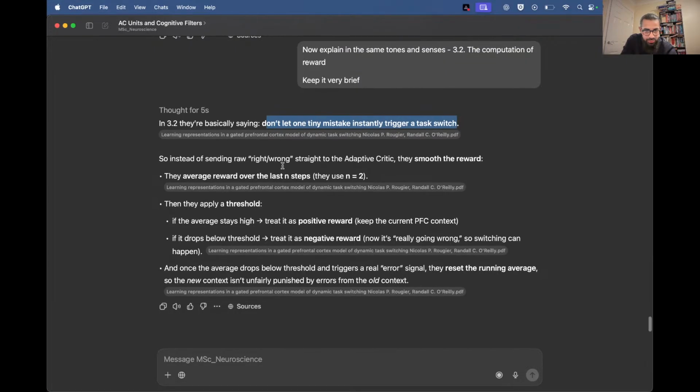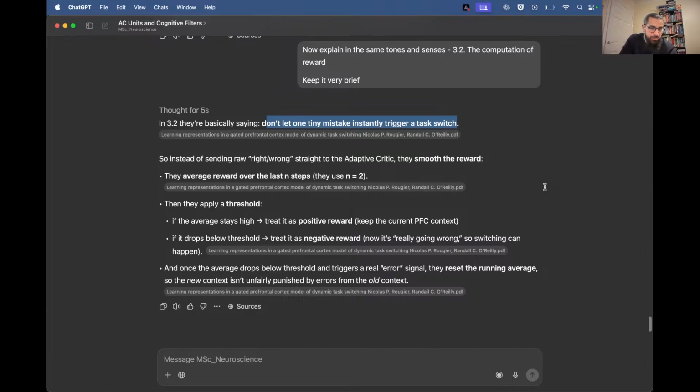So instead of sending raw right or wrong straight to the adaptive critic, we smooth it. They average the last n steps, then apply a threshold. If the average stays high, treat it as a positive reward. If it drops below the threshold, treat it as a negative reward. Now it's really going wrong, so switching can happen.